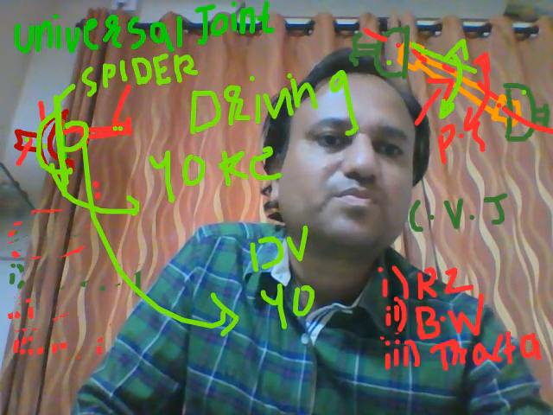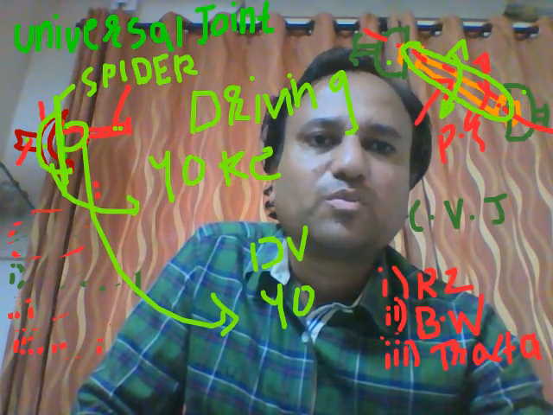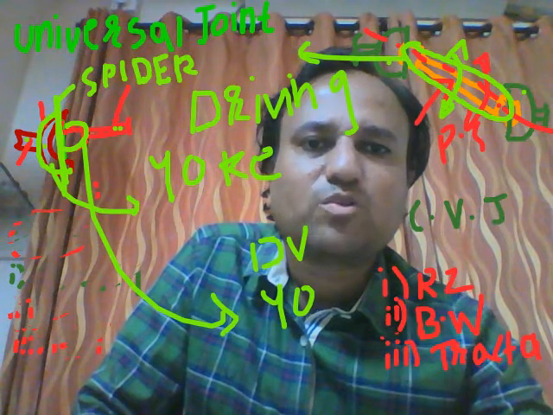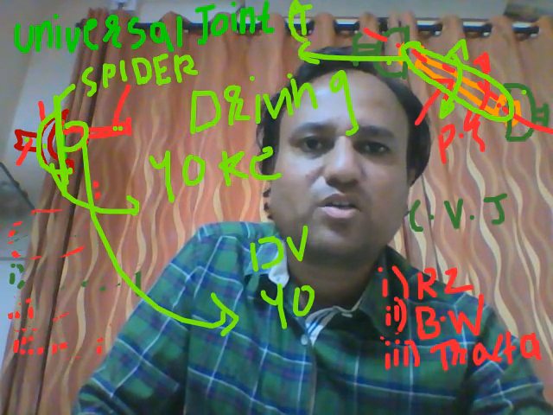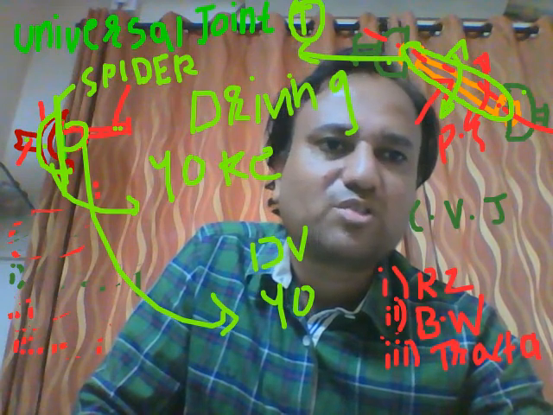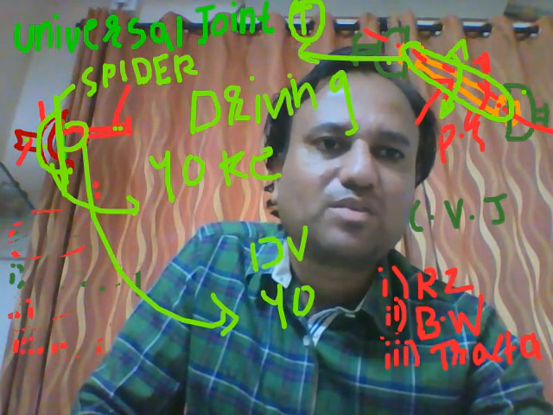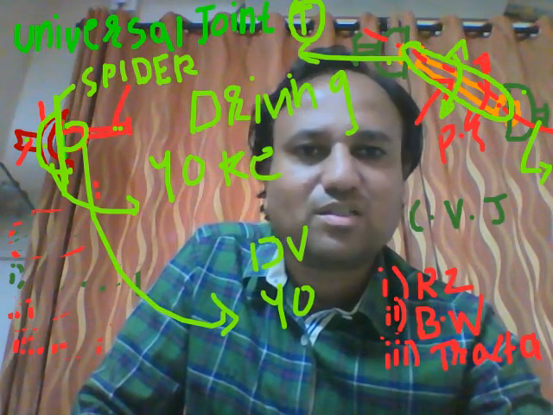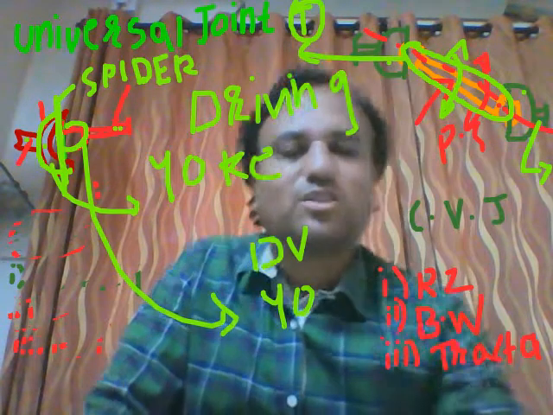See, student, suppose one end of the propeller shaft is connected to a transmission unit or gearbox via a universal joint. Similarly, the other end of the propeller shaft is connected to the differential or axle via a universal joint.